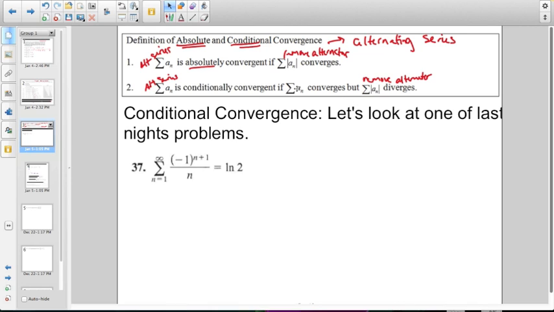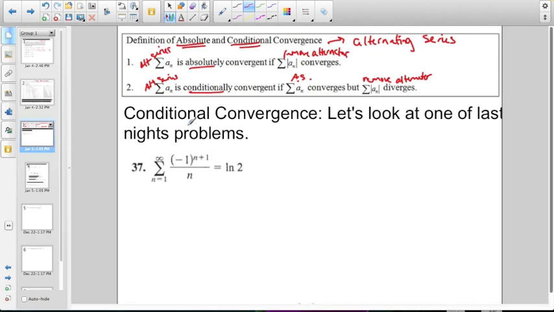And the alternating series converges. So the alternating series converges. But when we remove the alternator, what's left diverges. We call that conditionally convergent.